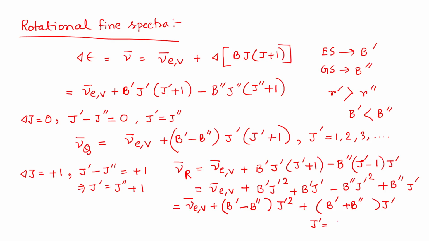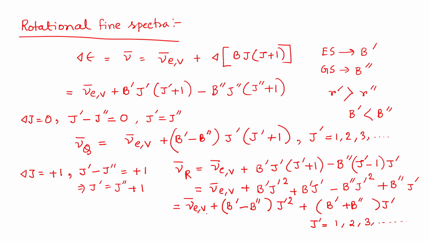J dash can take 1, 2, 3, 4. Why not zero? If it takes 0, then J double dash will be minus 1. So your j double dash can be zero, but j dash cannot be zero, right? It should start from one, two, three.